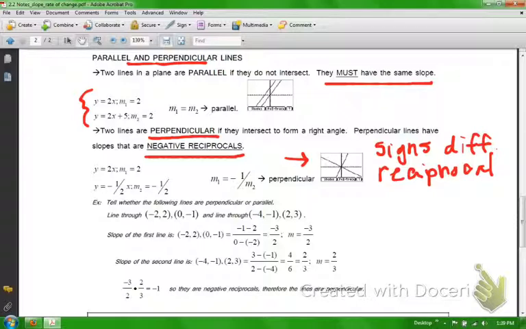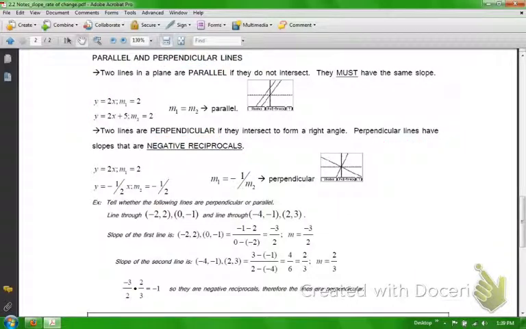When you multiply perpendicular slopes, this is a good way to check. When you multiply, and that's the symbol for perpendicular slopes, you get -1. Quick way to check, not a lot of work there. You can do it in your head super fast.